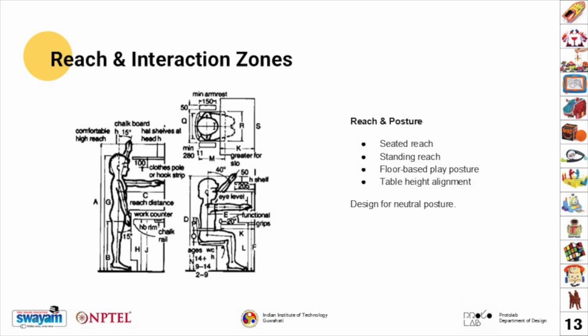If too low, they bend forward excessively. Poor posture, sustained over time, causes fatigue and disengagement. Ergonomics aims for neutral joint positioning. The goal is not just access, but comfortable, sustained use.